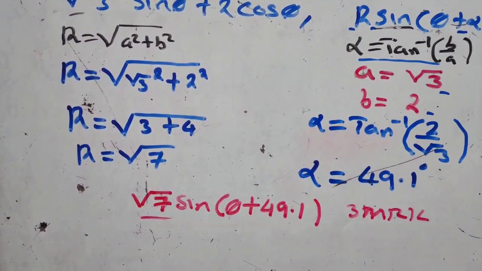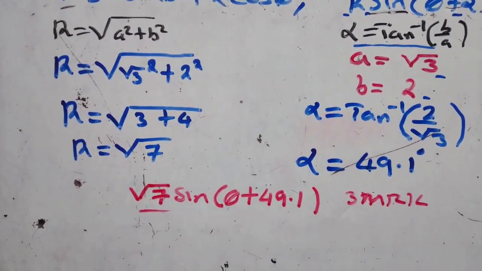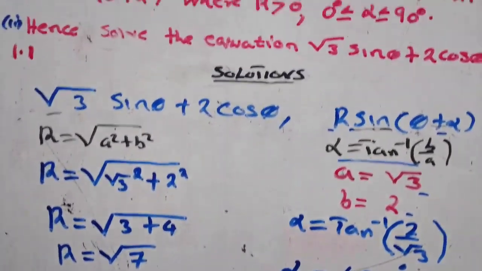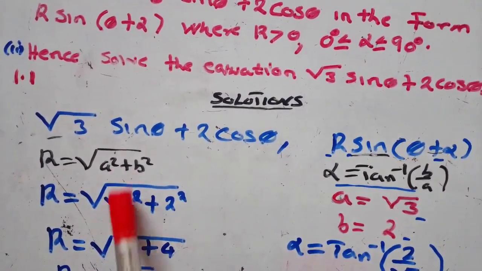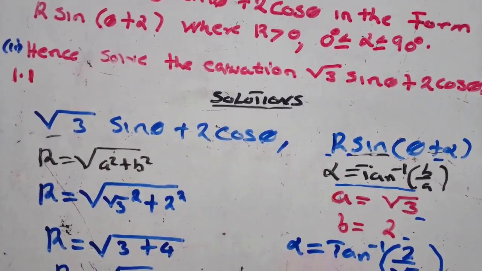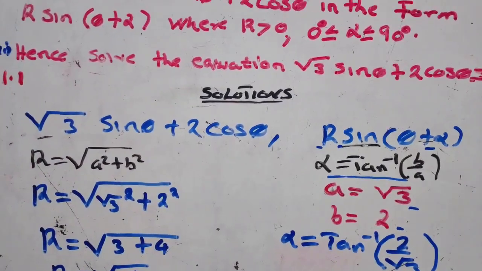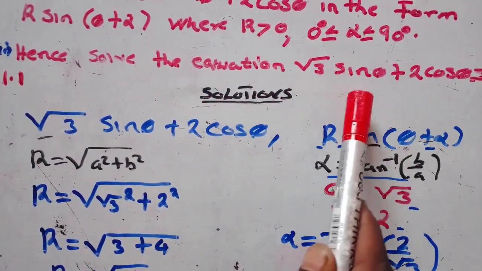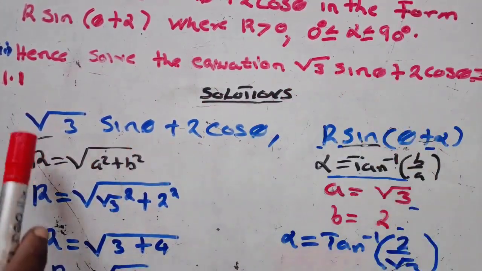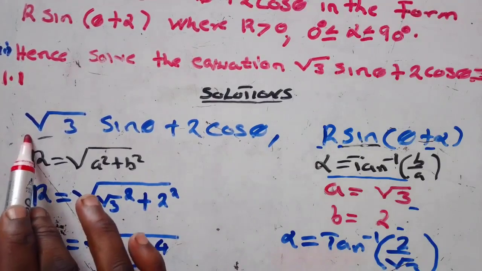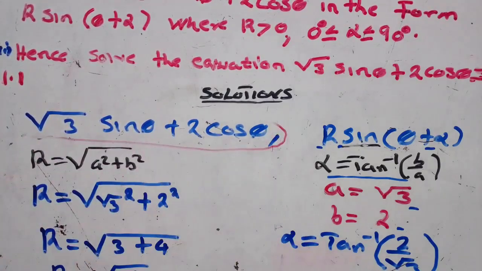Let's now proceed to question 2, which says hence solve the equation root of 3 sine theta plus 2 cos theta is equal to 1.1. So we have been asked to solve this equation, which has been equated to 1.1.